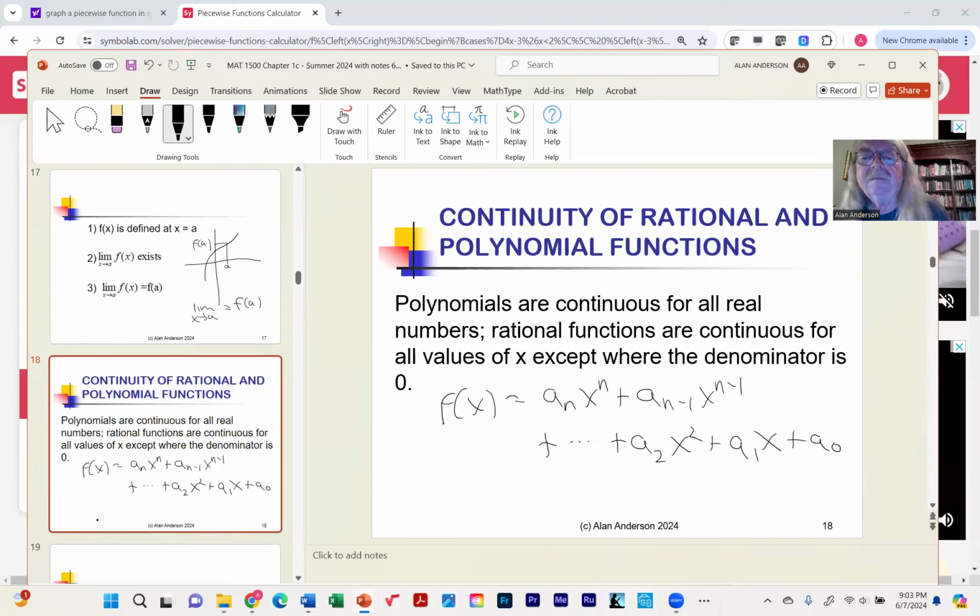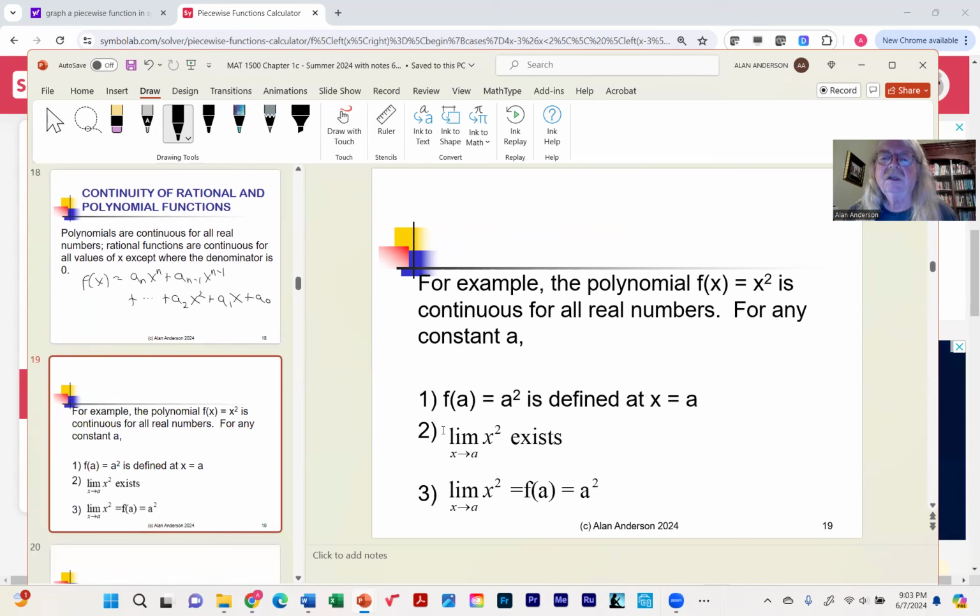So this is a polynomial. Whether it's second order, it's a quadratic function. If it's third order, it's a cubic function. Polynomials are continuous everywhere. Rational functions are continuous everywhere except where we have division by zero.